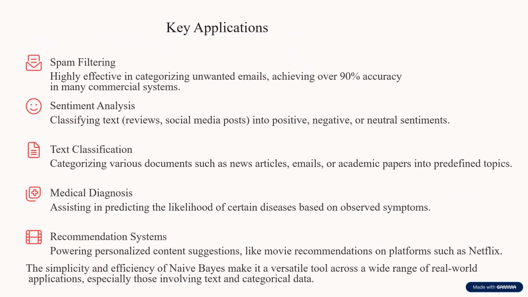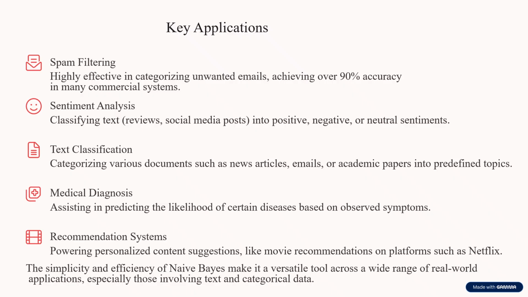So this is how the naive Bayes algorithm works on the Bayes formula. Next, what are the key applications I can go for? Spam filtering, sentiment analysis, text classification, medical diagnosis, recommendation systems. For sentiment analysis, based on a text message, I can tell whether the person is sad or in a good mood.